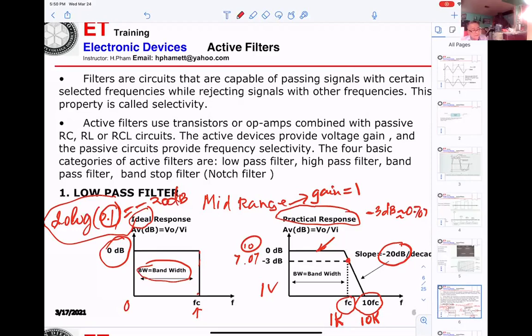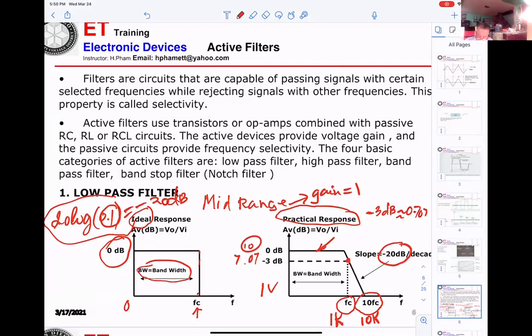You take 20 log of 0.01, you get minus 40 dB. So you take 10 times 0.01. And if they keep going one more, then it is 0.001 and so on.